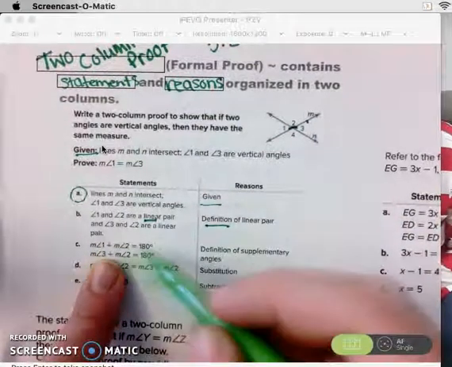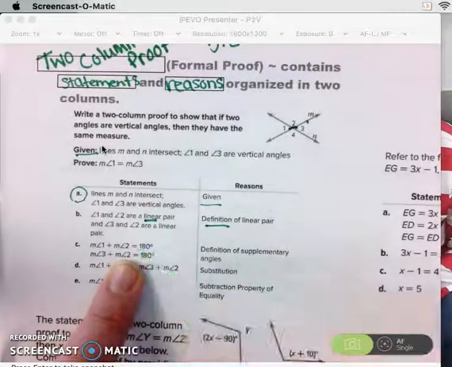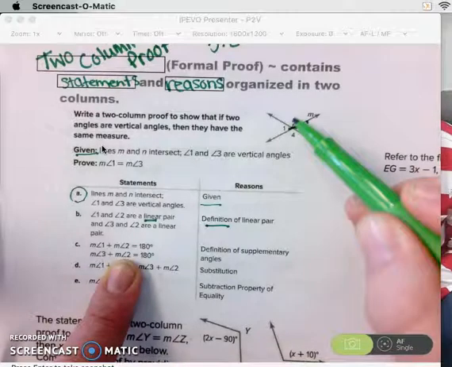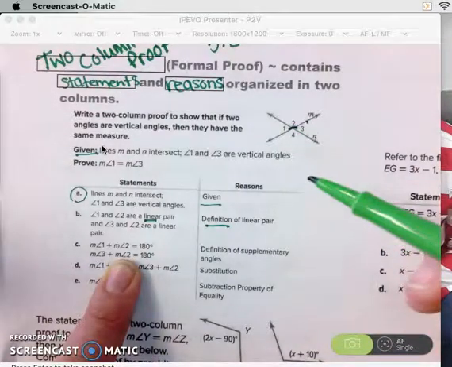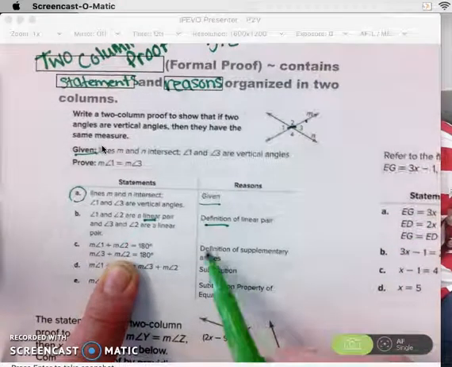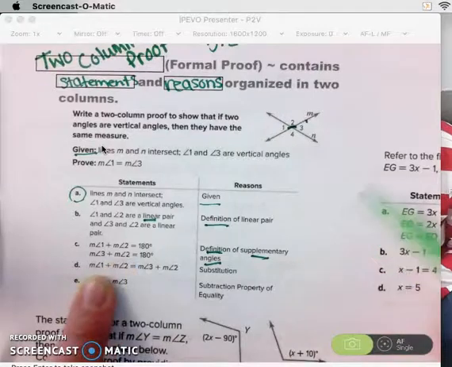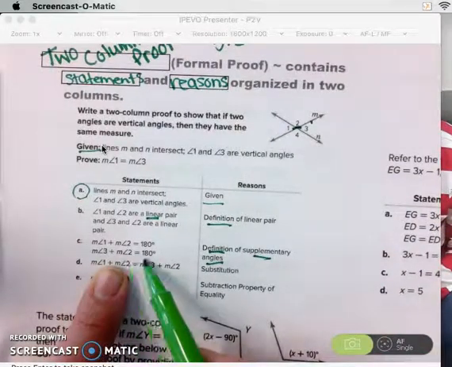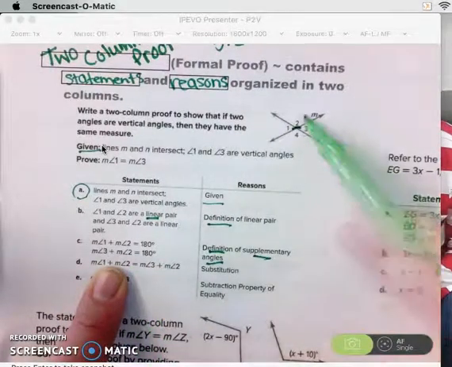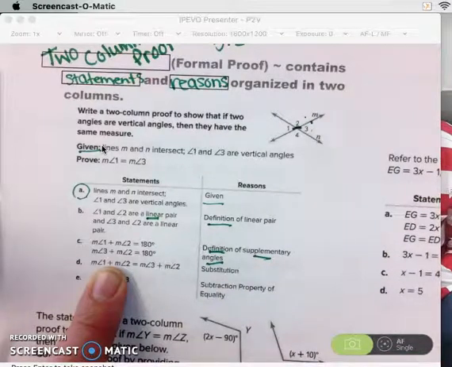Okay, 1 plus 2 equals 180. Why? It's a straight line, the definition of supplementary angles. 3 plus 2 equals 180, again the definition of a straight line, supplementary angles.